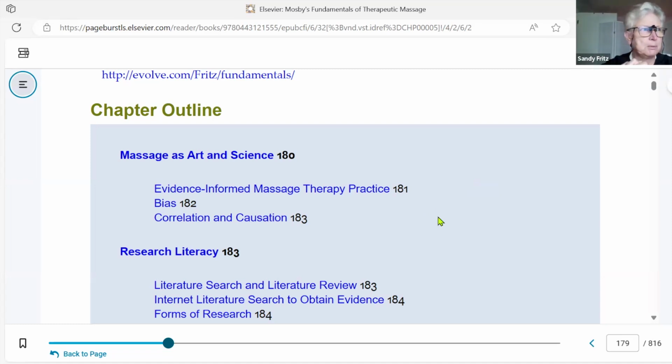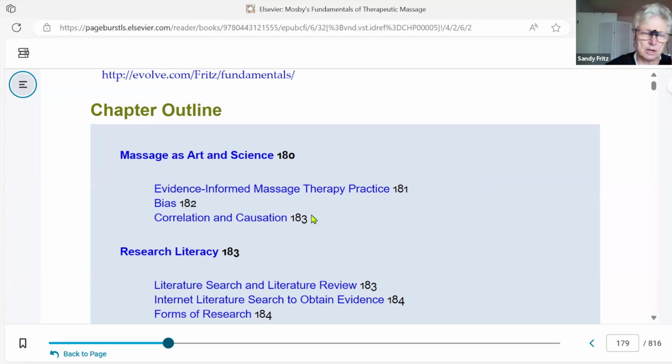And sometimes people think that just because we focus in a scientific approach and a scientific way of understanding, that negates the intuitive, artful aspect of massage application, and it doesn't. In fact, one informs the other.